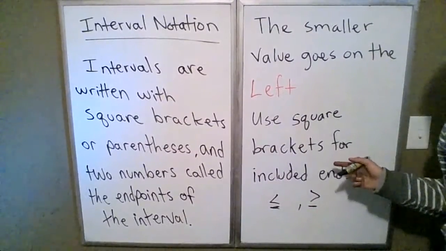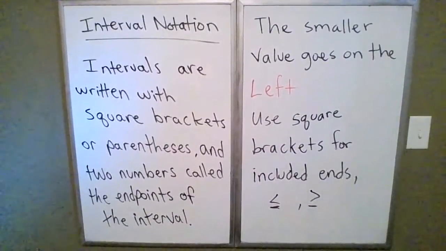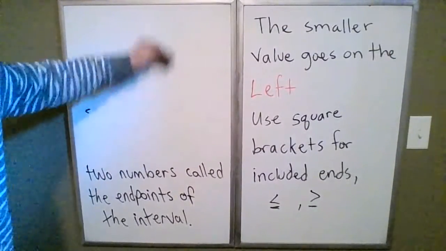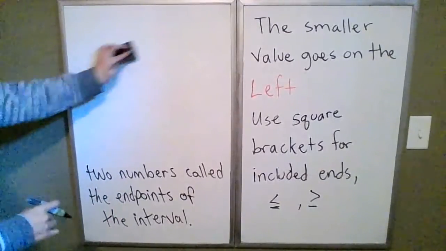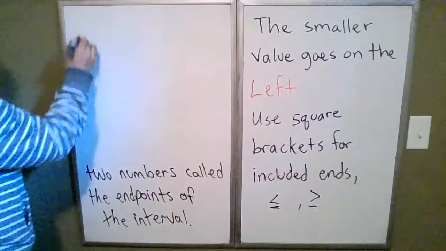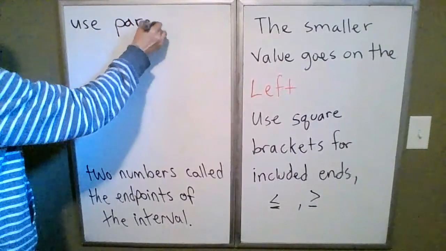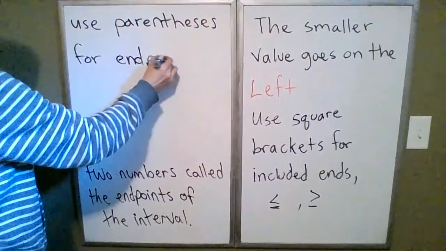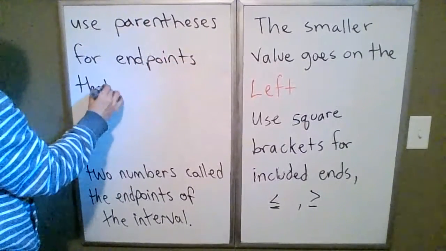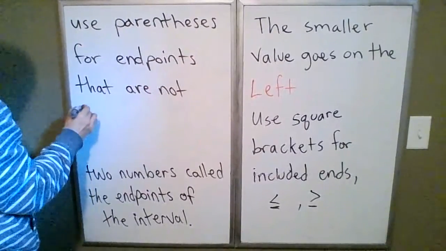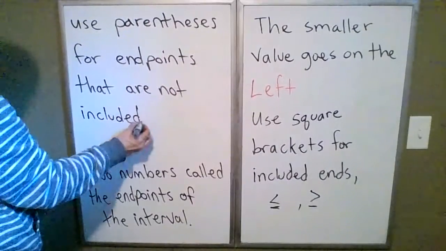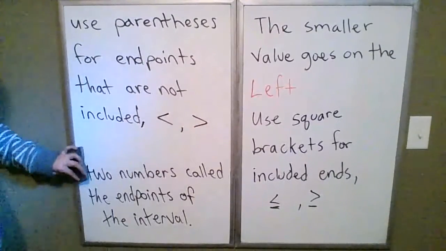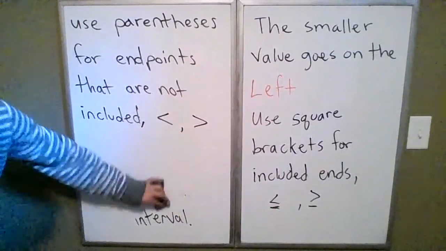Then we use the parentheses for ends that are not included, like a strict inequality, this one or this one.